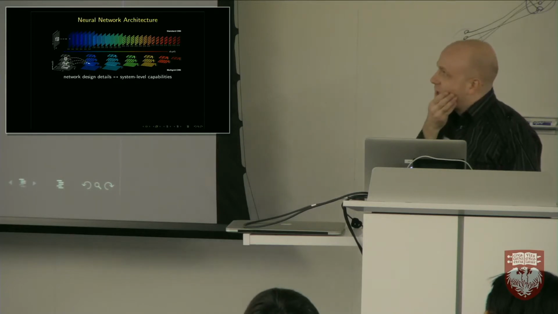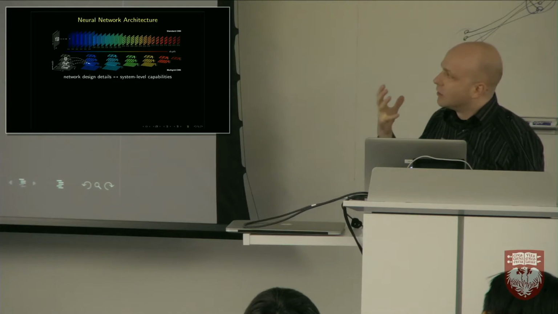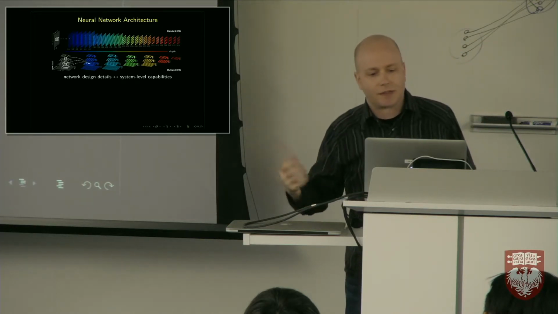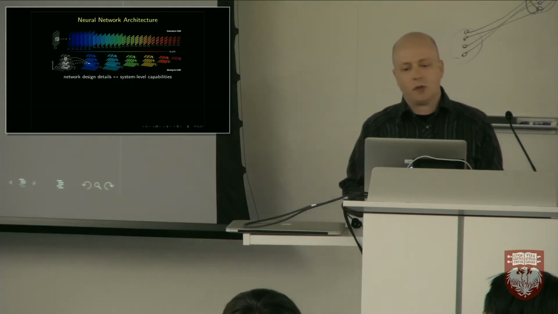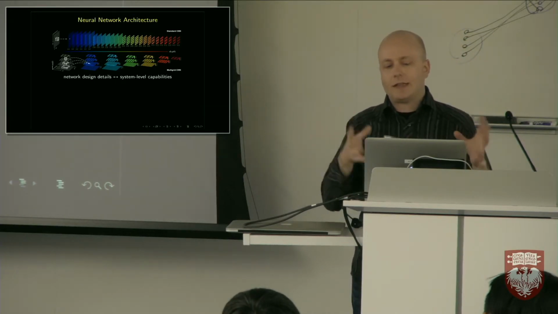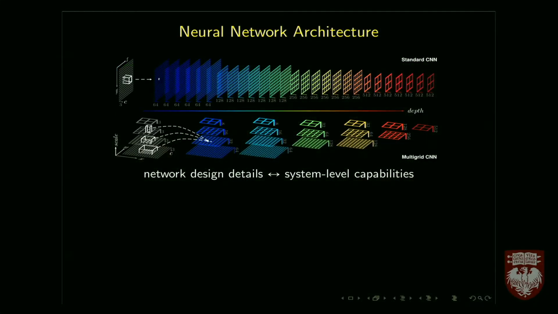We're also interested in the underlying details of the neural networks we use in these problems themselves. In particular, the goal here is to correlate design details of neural network architecture with system-level capabilities.